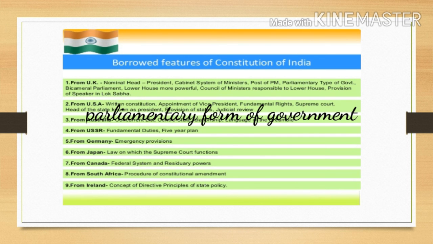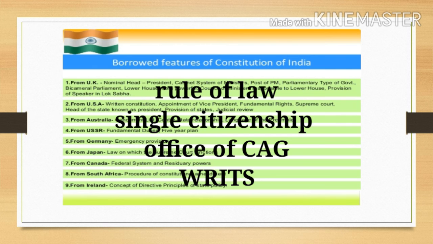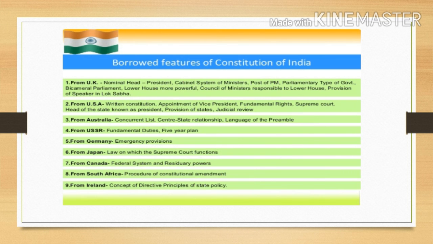From the UK, United Kingdom: nominal head, that is President, cabinet system of ministers, post of Prime Minister, parliamentary type of government, bicameral parliament, lower house more powerful, council of ministers responsible to lower house, provision of Speaker in Lok Sabha. All this we borrowed from the United Kingdom.